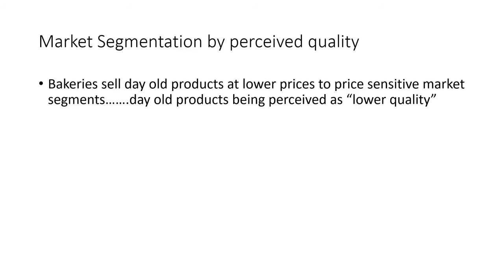Now, an interesting impact of this is that if a bakery sees that the demand for day-old goods is exceeding their supply of day-old goods, they can take fresh goods and just put a day-old label on them and now sell them into that lower quality market to service that unmet demand.